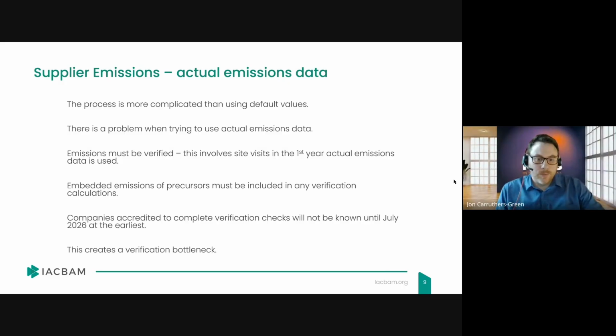But there is going to be this period, this bottleneck, where there is going to be a rush of companies, a rush of steel mills that will be getting a lot of pressure from their customers to get verified. And this is because the natural assumption is that the actual emissions data is going to be lower than the default values set by the Commission.